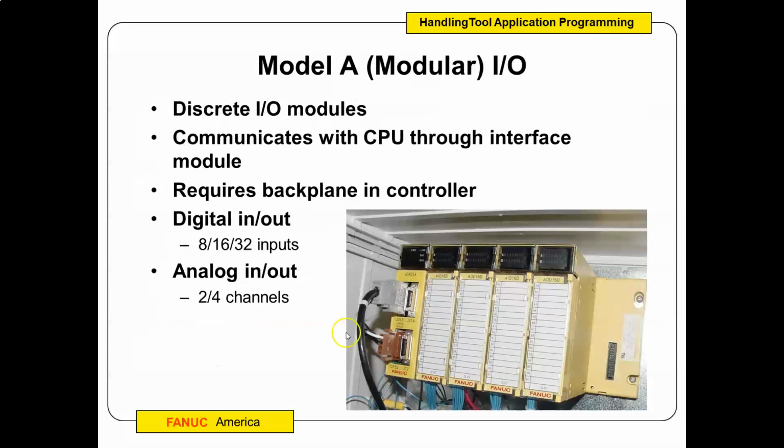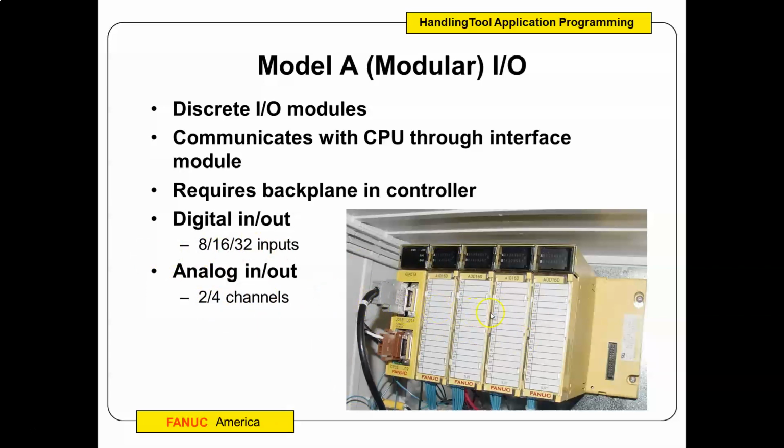Looking at those actual I/Os, and this is an older unit, but it's a lot simpler to look at than what we have. The Model A modular I/Os, and we'll talk about this as racks and things like that. Again, it communicates through an interface, and you get digital inputs and outputs on each of these cards. You can have the analog inputs on a card.